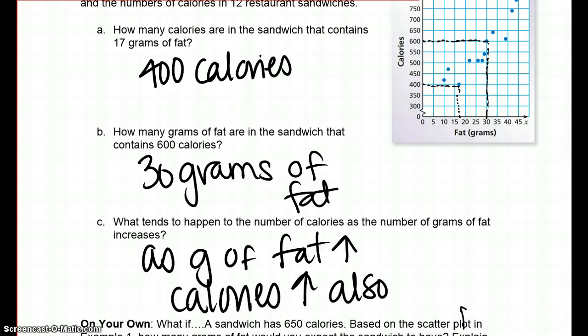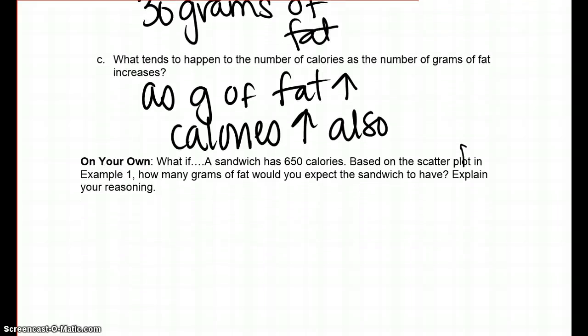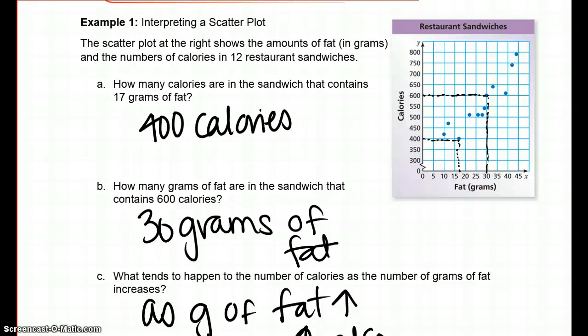Okay, that's about it for scatter plots. They are not too complicated. The on your own says, what if a sandwich has 650 calories based on the scatter plot in example 1? How many grams of fat would you expect the sandwich to have? Here's our 650 line.